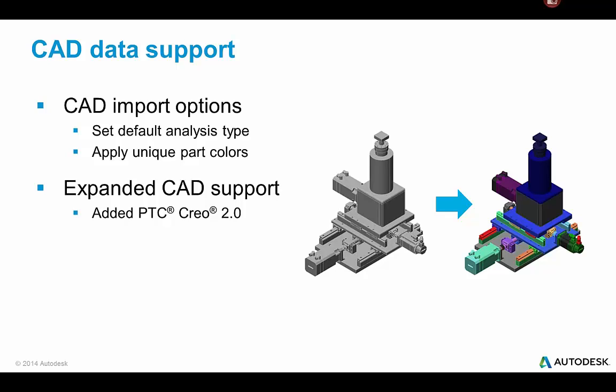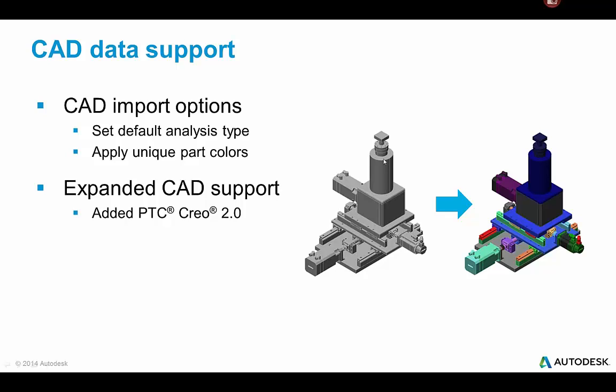When you're pushing a CAD geometry into simulation mechanical, the first question that comes up is choosing your analysis type. In this release, we have enabled the use of a default analysis type. So if you're always doing, for example, steady-state thermal heat transfer, you can set that as your default analysis type.